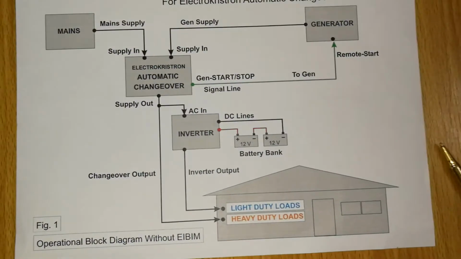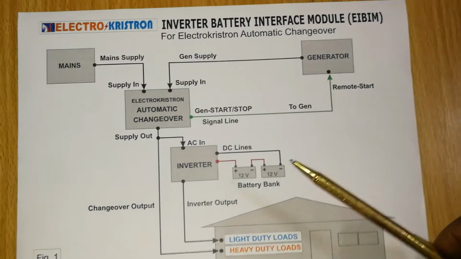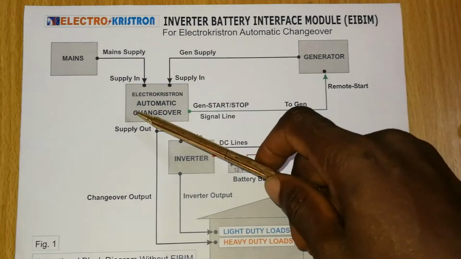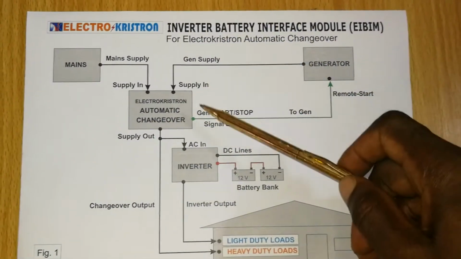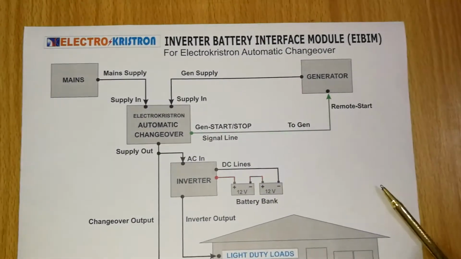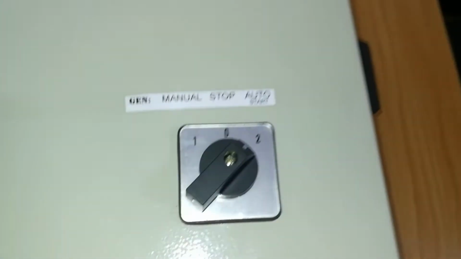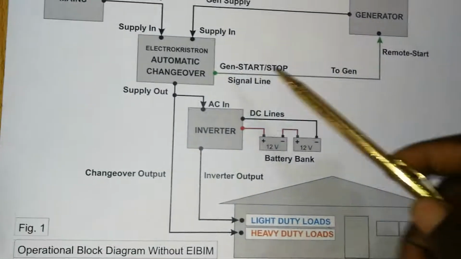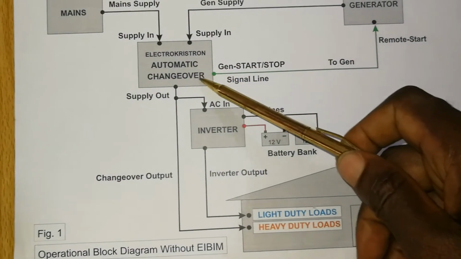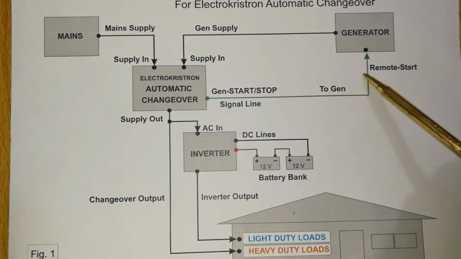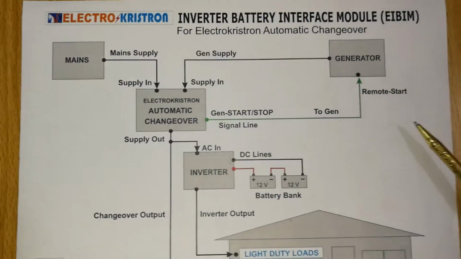So in this kind of setup, immediately power fails, because your changeover is able to automatically start or stop your generator, if you have the setting on auto start, it means that immediately power fails, your ATS will send a start signal to the generator and then the gen will start automatically immediately.